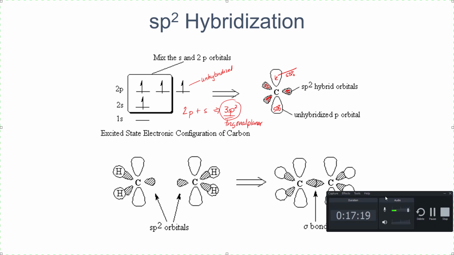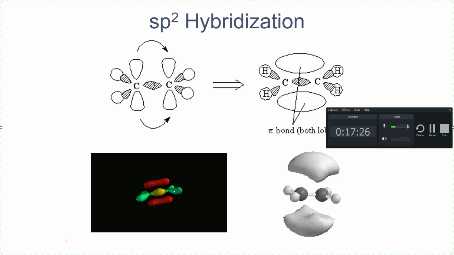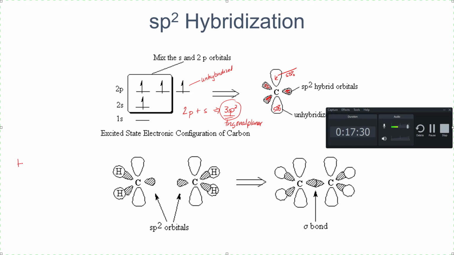So what we're going to do is take, let's say that we had this as our structure. Let's say we had hydrogen, carbon, hydrogen, double bonded. So this molecule is called ethene or ethylene. What's the bonding in this?